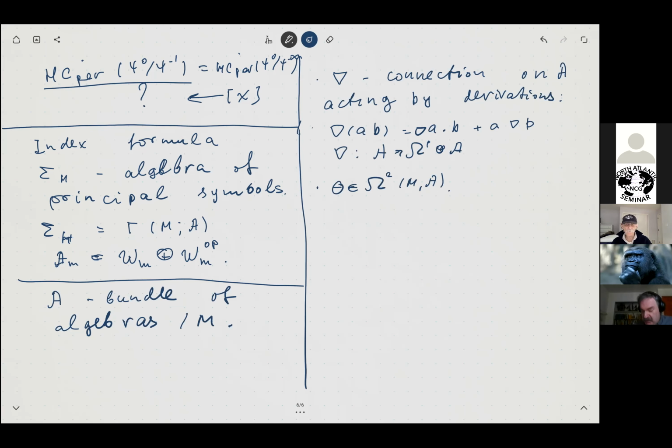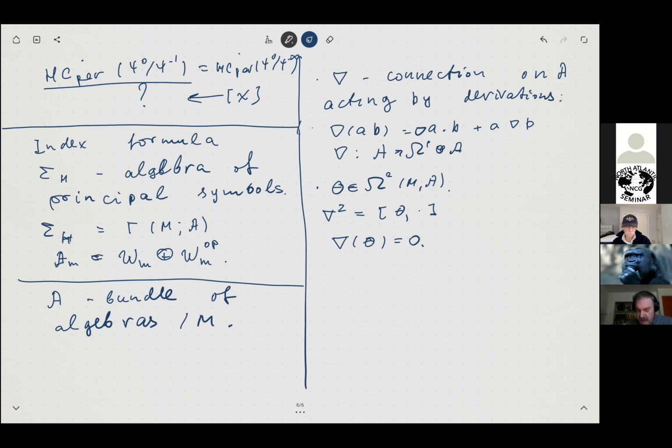Theta is some two-form with values in A, so that the square of nabla is given by the bracket with theta, and satisfies this condition. Notice that theta is not uniquely determined by nabla. A priori, it has to be specified as part of the data.